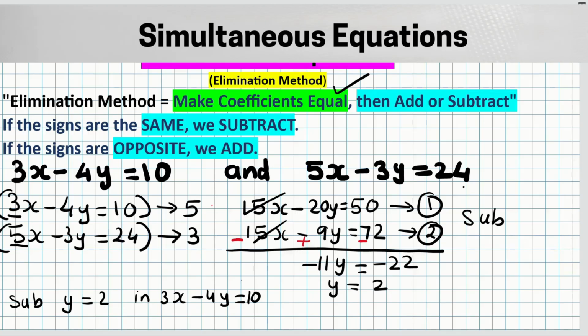If we substitute the value of y, it will be 3x minus 8 is equal to 10. So 3x is equal to 18. Therefore, the value of x is 6.